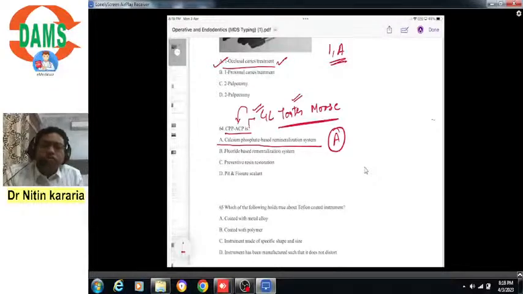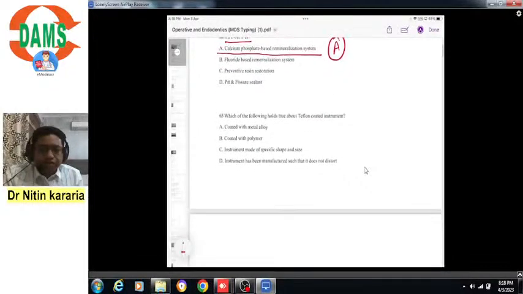Coming over to the next question. Which of the following holds true about Teflon coated instruments? Teflon is basically a synthetic polymer.